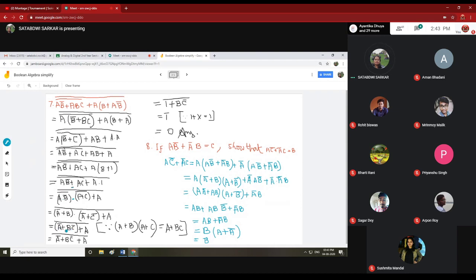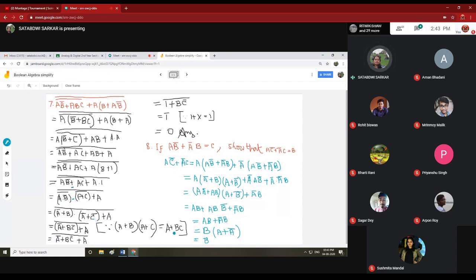So here a plus b into a plus c equals a plus bc. It was the rule. So this is a bar plus b c bar plus a. From these two terms, we are getting this a bar plus b c bar. Here was b, here was c.